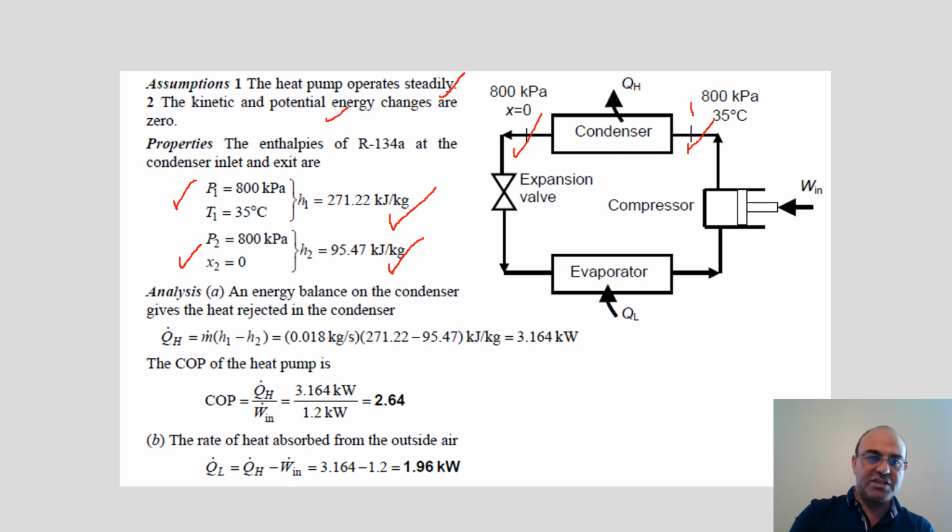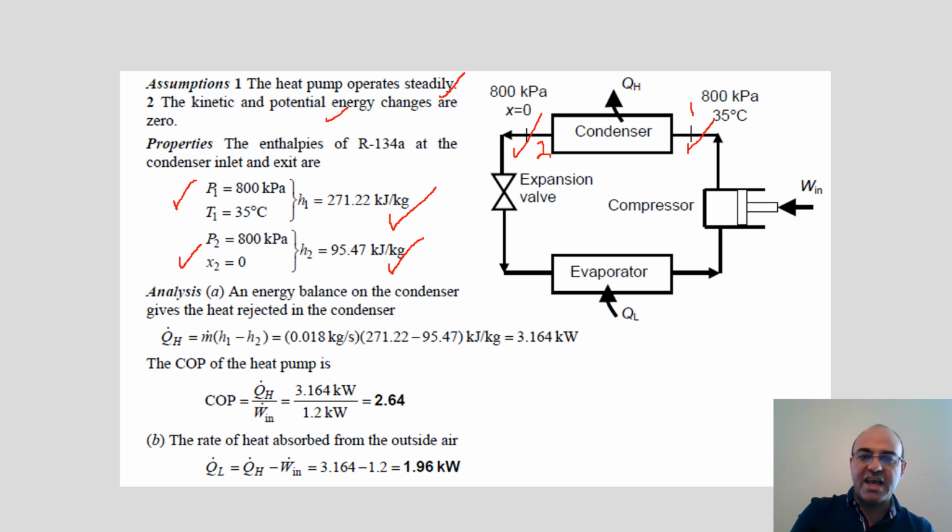Okay, so what is the use of finding enthalpy at point 1 and point 2? Point 2 is just right at the exit of the condenser. So if we now write the first law of thermodynamics for the condenser, this is a steady flow device, open system or control volume. The rate of energy in is equal to the rate of energy out.